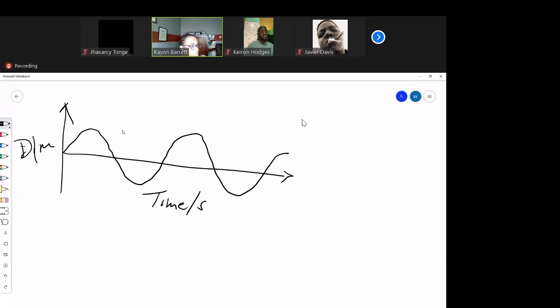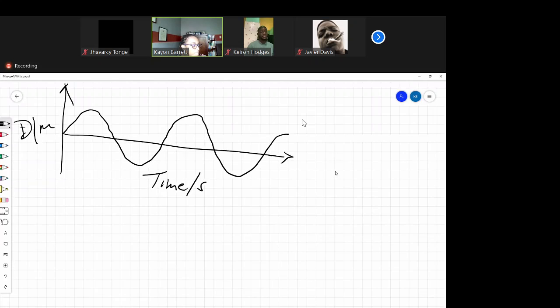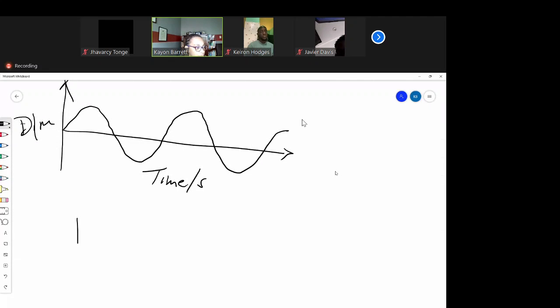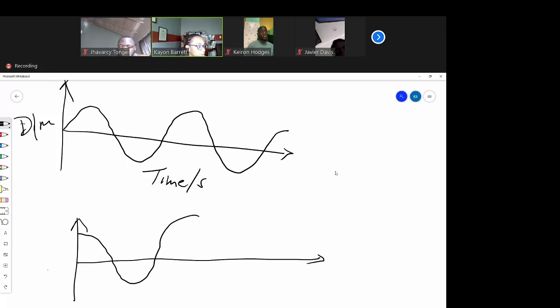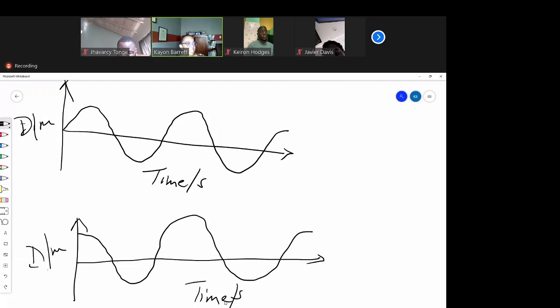This is what it will look like. That's how displacement will change with time, right? Now, for a cosine curve, remember the cosine curve starts at a maximum value, right? Similar in terms of the fact that it changes continuously with time. However, it starts at a maximum value.